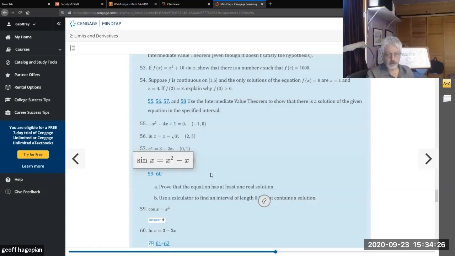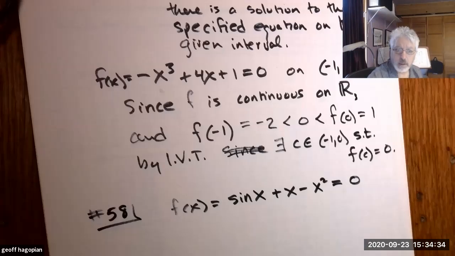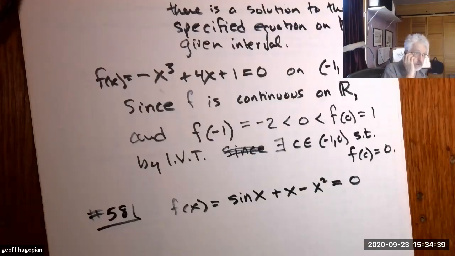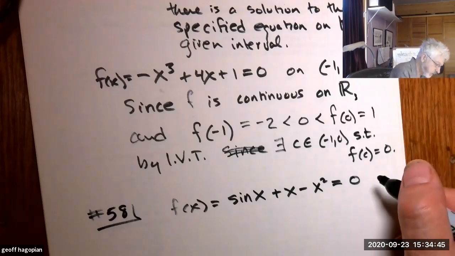The simplest way to do that is to say that the difference between the left side and the right side is 0. That's true if and only if this equation is true. So I'm going to say that's my equation, right? And what's the interval? I don't know, it's obscured. Okay, on 1, 2.